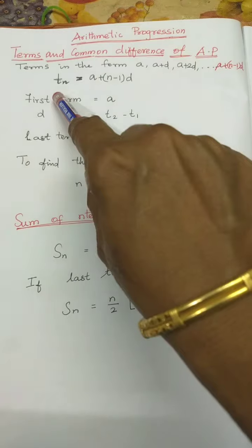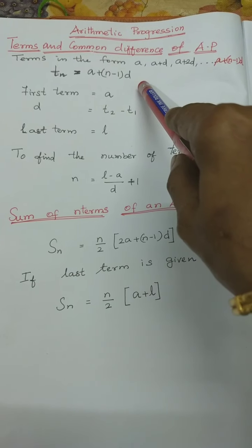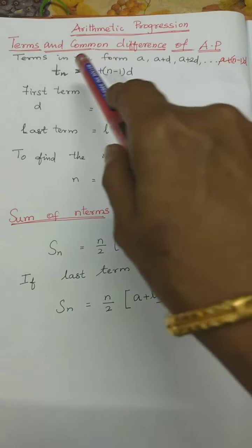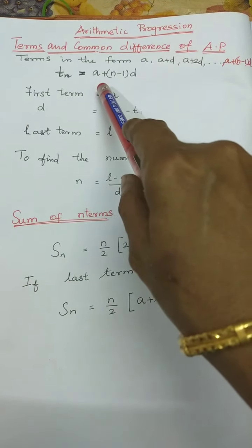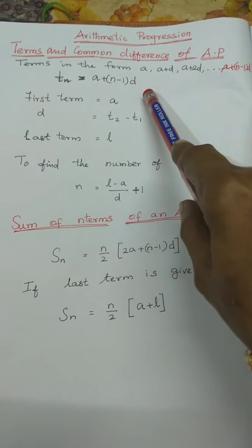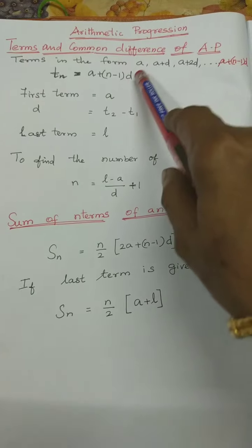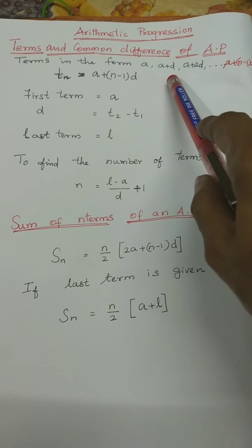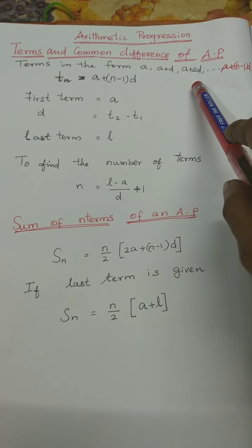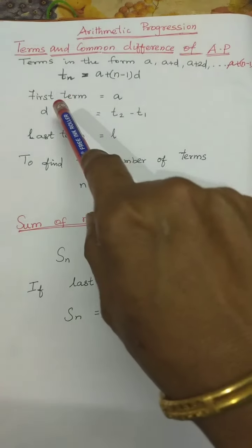So, to find the nth term of the arithmetic progression, the formula is Tn is equal to A plus n minus 1 into D. Here, the first term is A, second term is A plus D, and the third term is A plus 2D.